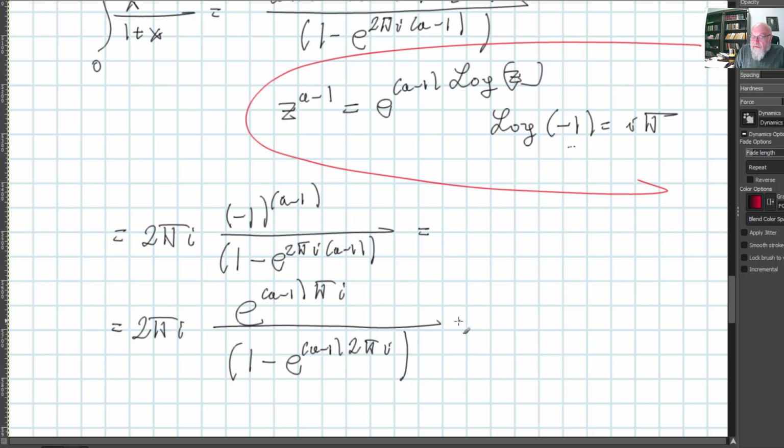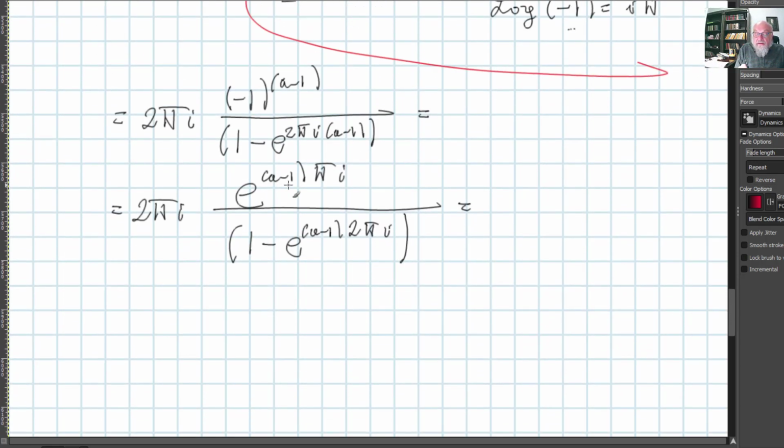I can rewrite it a little because I can divide. So this is equal to 2 pi i, and this one divides, so I'm getting e to the 1 minus a pi i, and I change the sign, so you see this is minus.